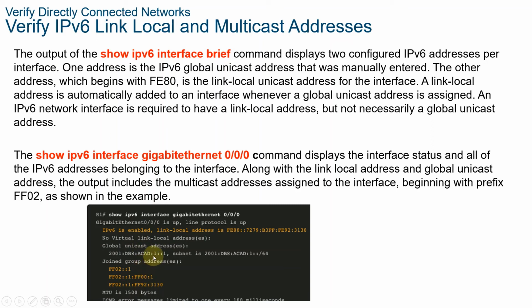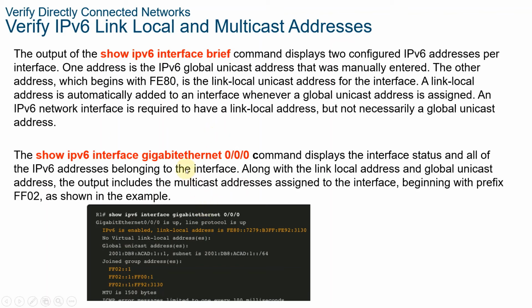And the other address begins with FE80, which is the link local unicast address of the interface. The link local address is automatically added to the interface whenever a global unicast address is assigned. An IPv6 network interface is required to have a link local address, but not necessarily a global unicast address.